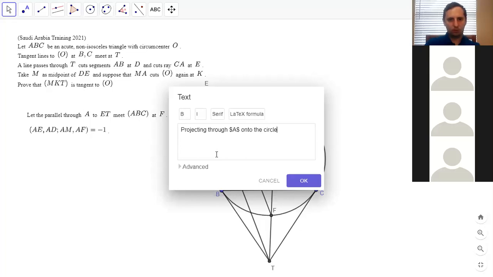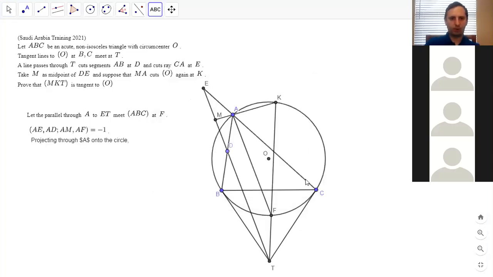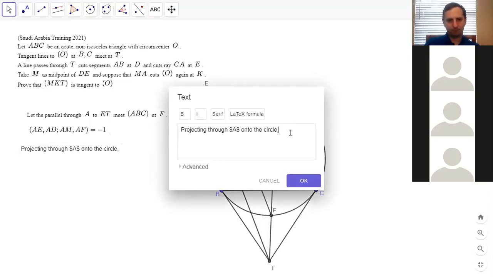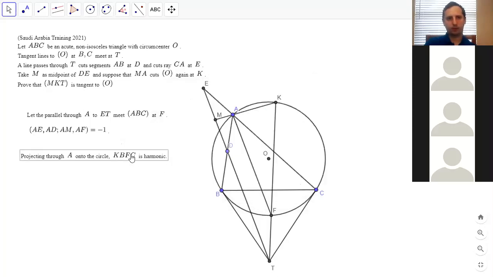We have that KBFC is harmonic. And that means that K, F, and T are collinear.